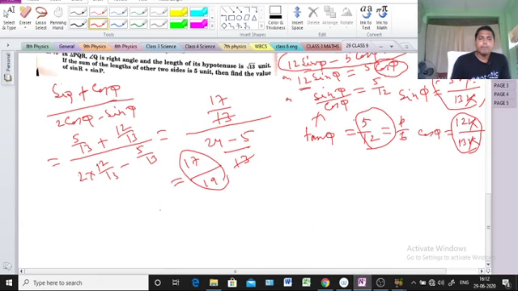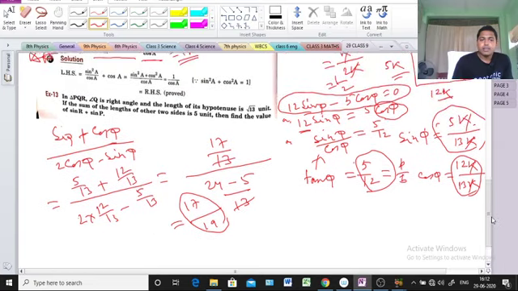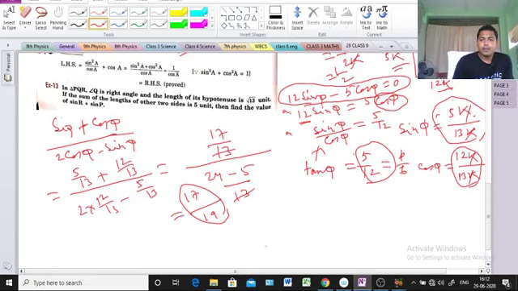See what is the given data. At first I am writing here sin square a by cos a plus cos a.